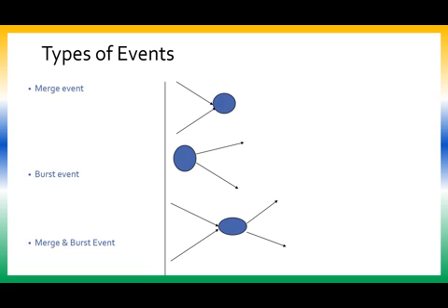Next type of event is merge and burst event. If at all an event has both multiple lines or multiple activities terminating at that particular event and multiple activities starting at that particular event, then such an event is called merge and burst event, right?